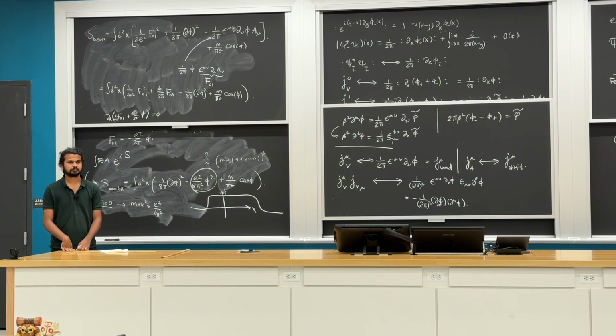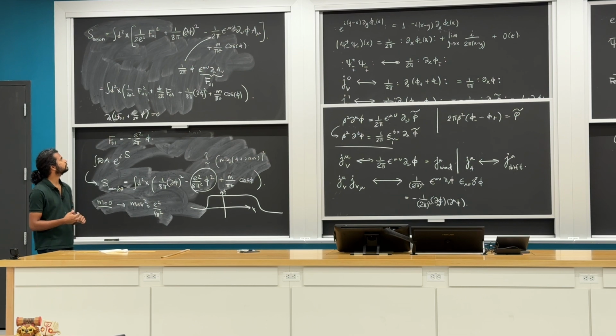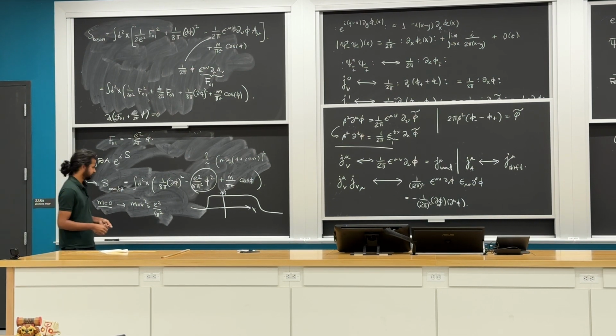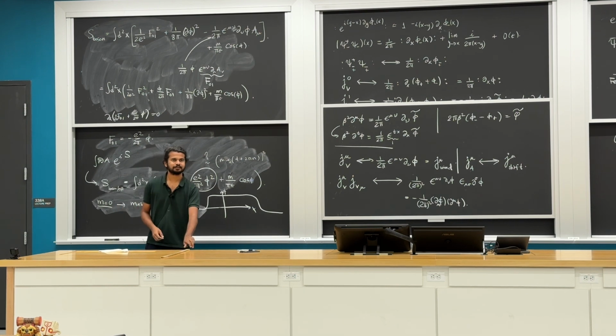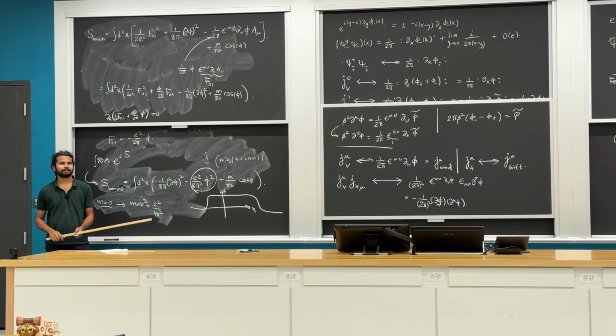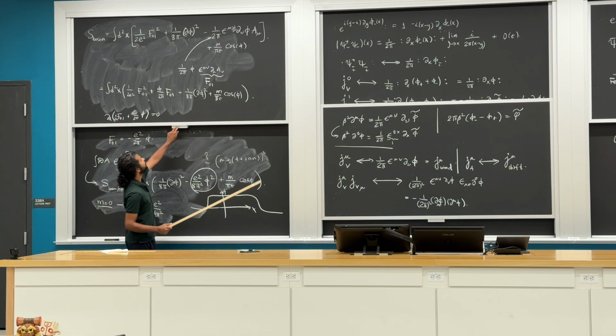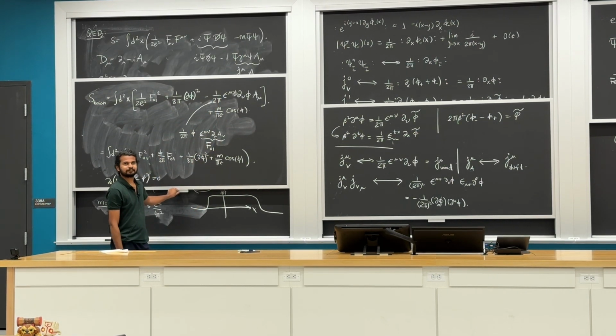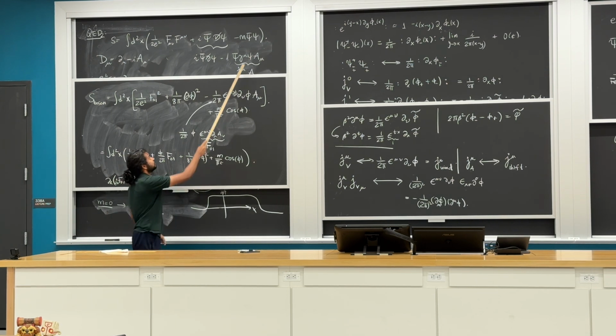But there's an m in the original theory times cosine phi, while here we said the mass is this term, because it's 1/2 m squared phi squared. In the original one, it's not even close to that. That's the usual mass.